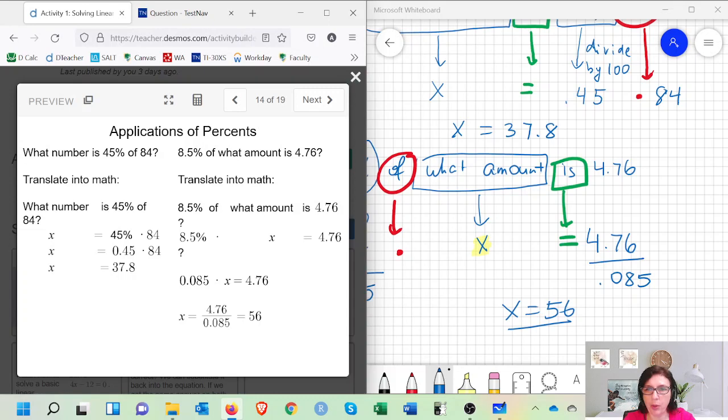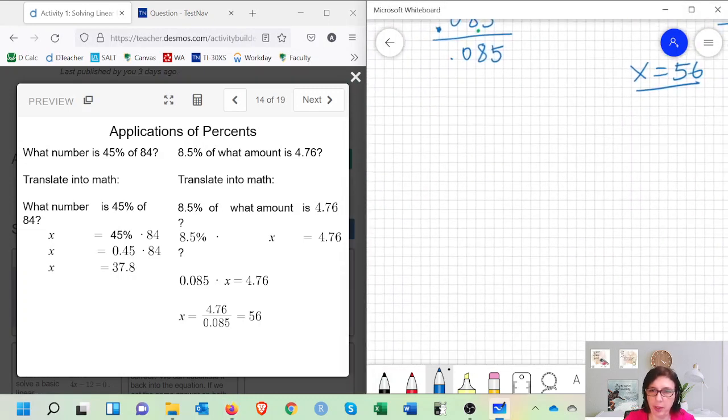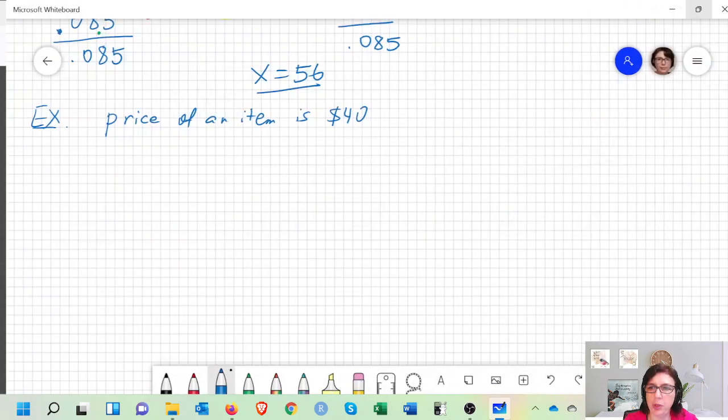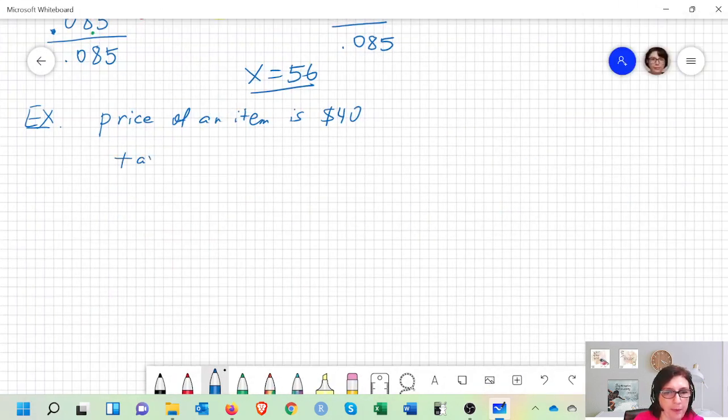All right, so now let me just give you one more application, and then I'll record another one in a little bit. Let's say the price of some item you want to buy is, let's say, 40 bucks. But then they also tell you that tax is, let's say, 8.5%.